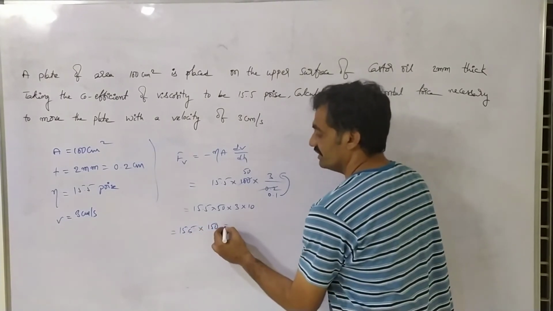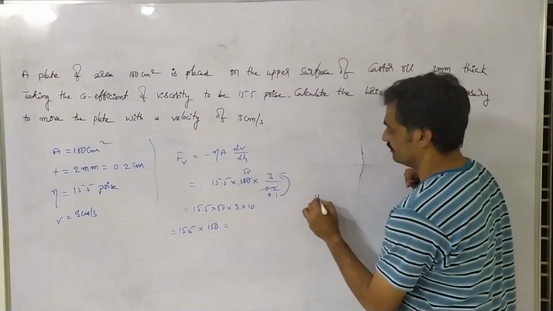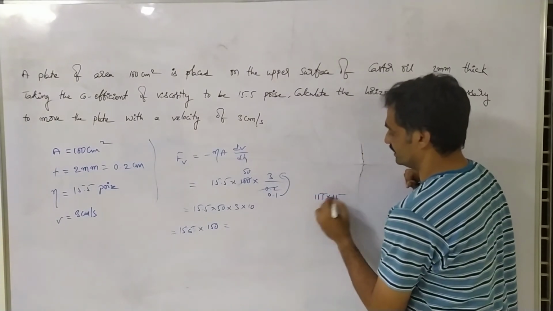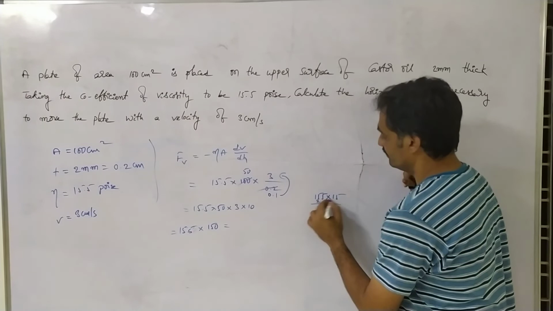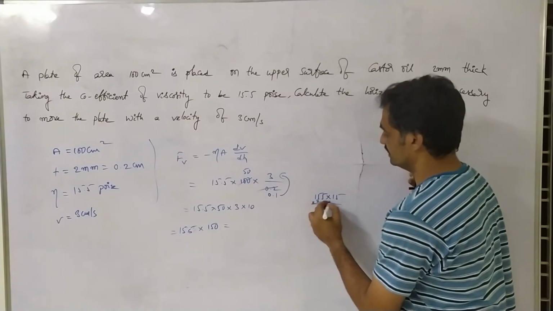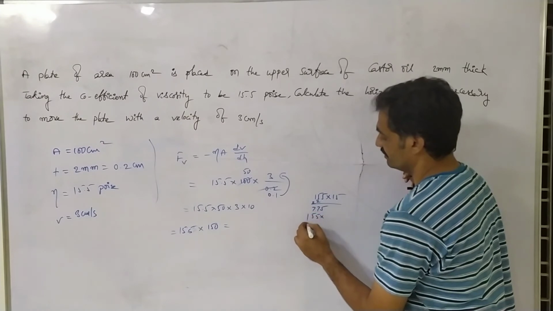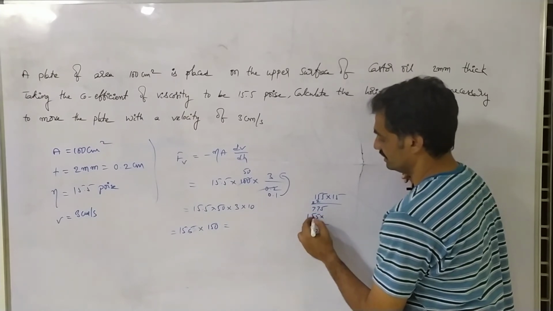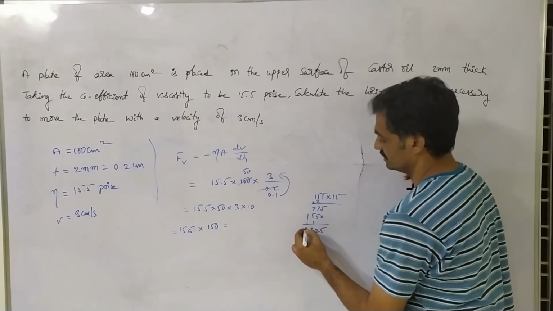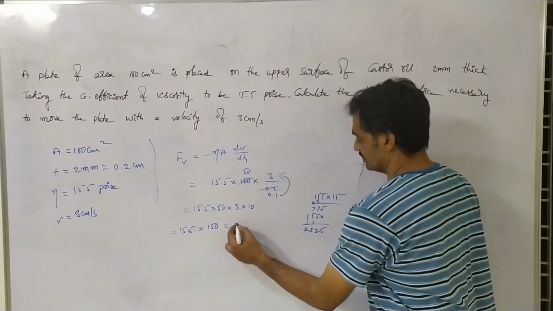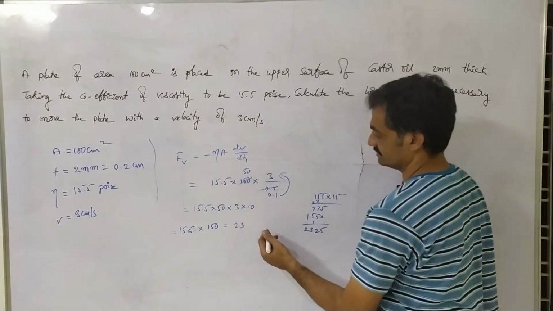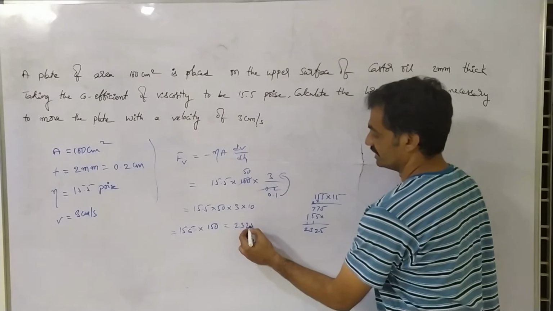So when we multiply this, 155 into 15, we get 2325 and 0.